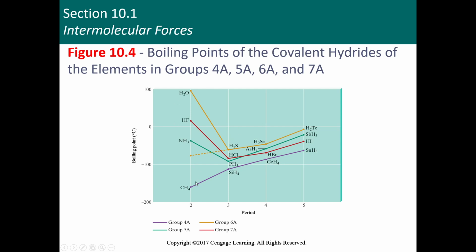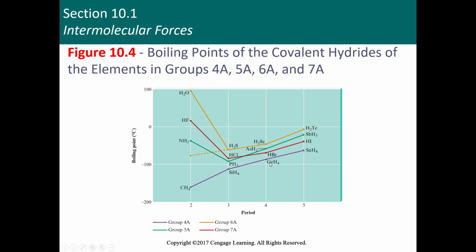Right here, we have no hydrogen bonding. This is a nonpolar compound. It doesn't have an overall dipole. And so we have the lowest boiling point right here. This is actually a gas at room temperature. The next one up, we start seeing dipole-dipole interactions here. And so our dipole-dipole interactions have higher boiling points.